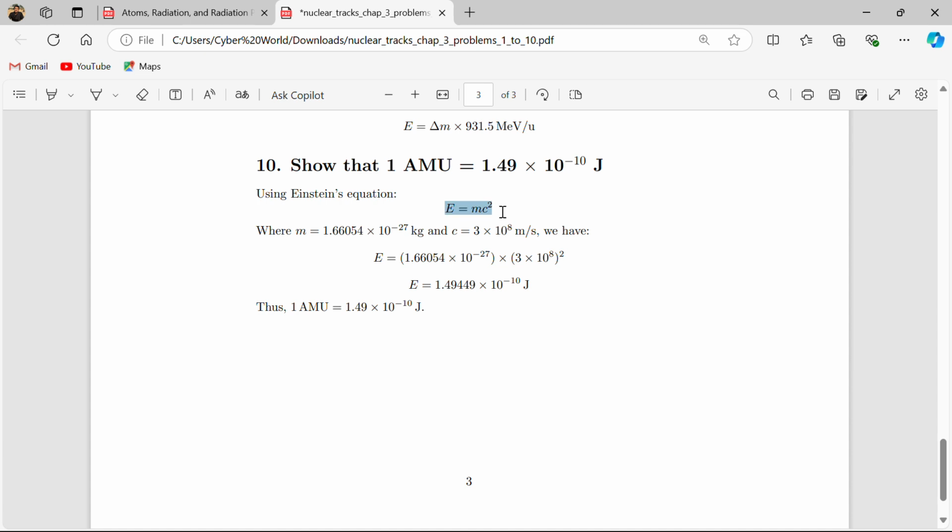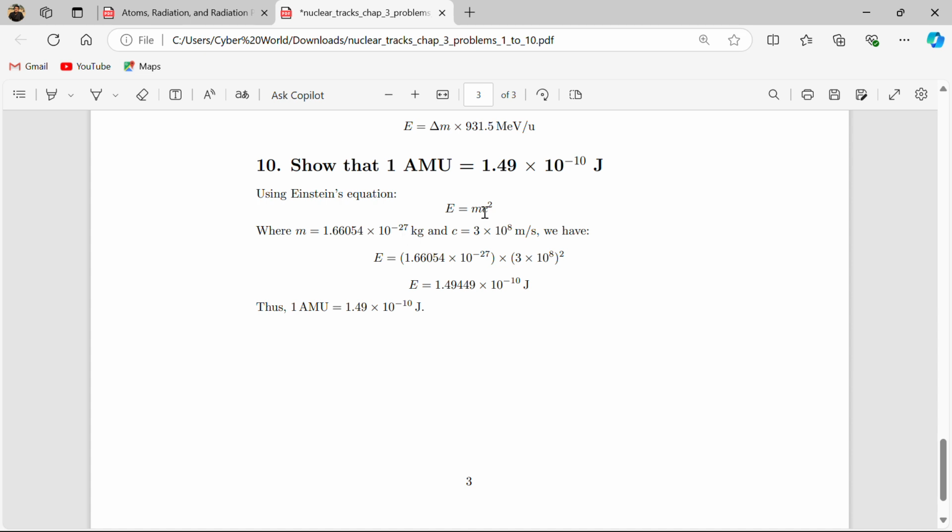You know that E equals mc squared, where the mass for this case is 1 atomic mass unit, which equals 1.66054 times 10 to the power minus 27 in kg. I already told you that one U, one atomic mass unit, equals 1.66054 times 10 to the power minus 24 in grams, but 10 to the power minus 27 in kg.